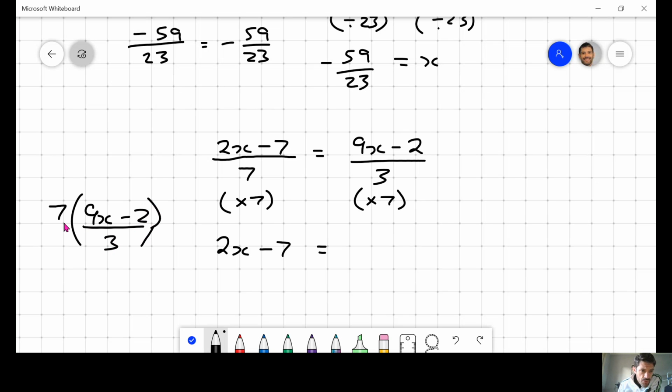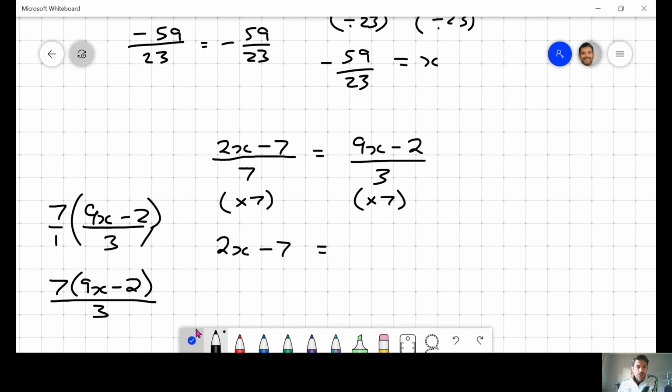If you write 7 as a fraction, it's 7 over 1. So if we multiply a fraction by an integer, it doesn't affect the denominator. So you could write 7 bracket 9x minus 2, either all over 3 or just this fraction over 3, it's up to you.